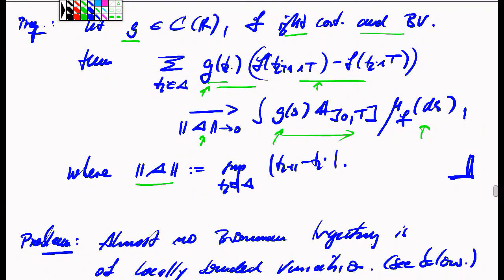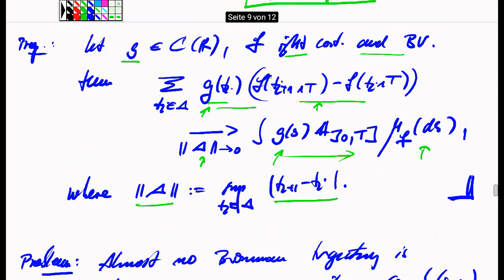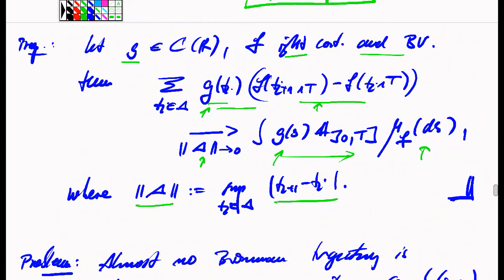And with the grid size or step size we want to understand the maximal difference between two of those grid points in the grid delta. The proof of this result is just the same as the proof that we did for the Lebesgue-Stieltjes measure when the function f is increasing.